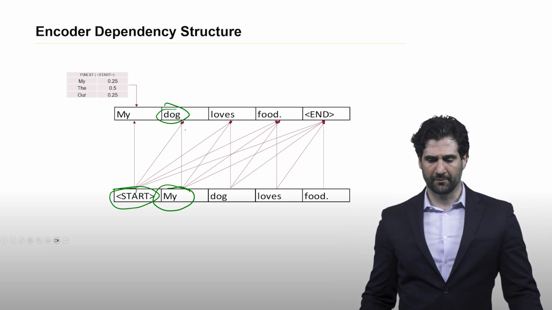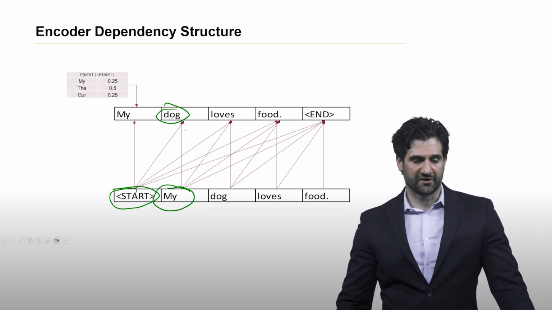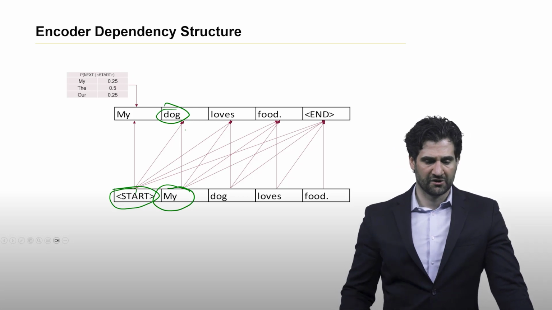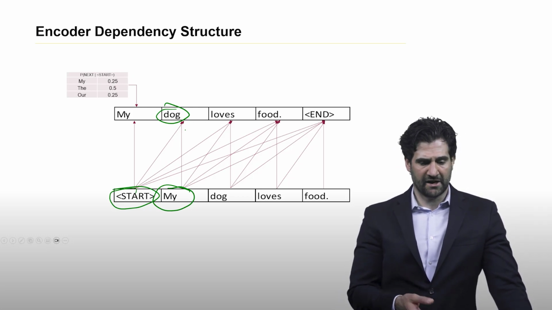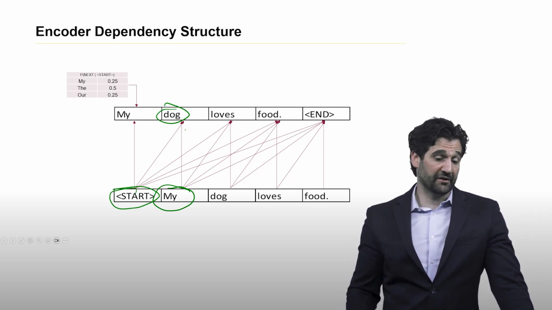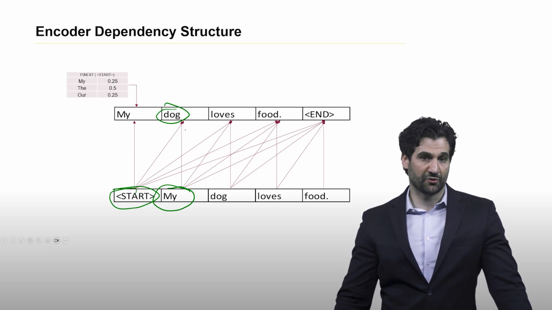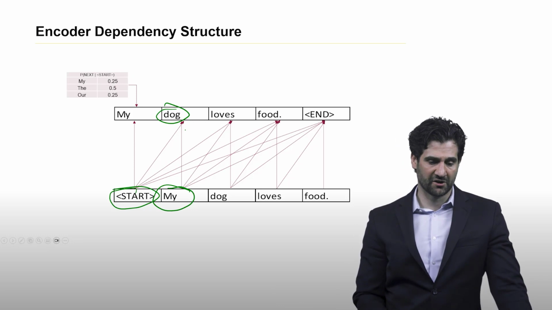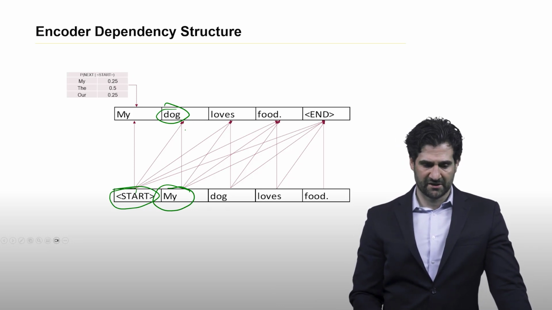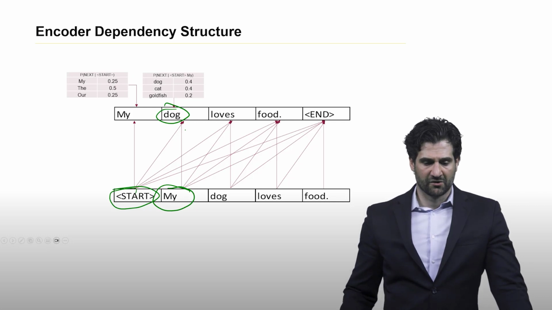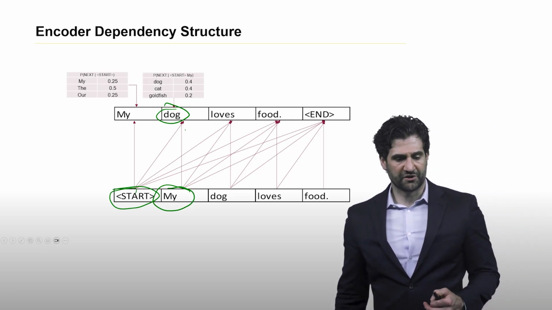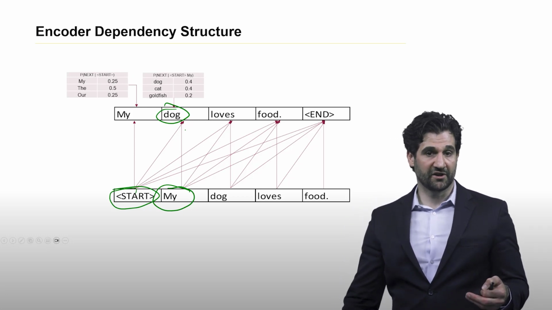Now, building on that, let's look at the probability distribution of these words. And I just made these up to illustrate the example. So let's say, for example, that the model picks my with a probability of 25%. It could have picked the, maybe with a higher probability. Now, knowing that that was how the first word was picked, we are now looking at the probability of the next word, dog.